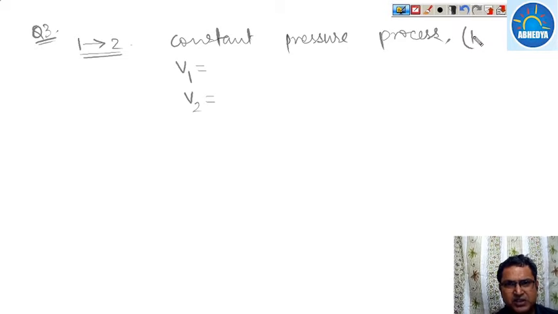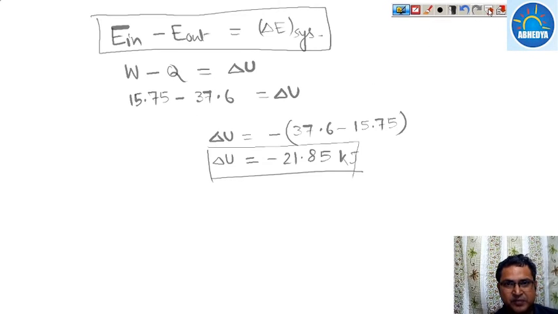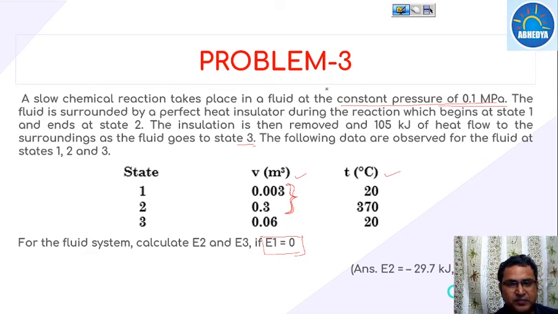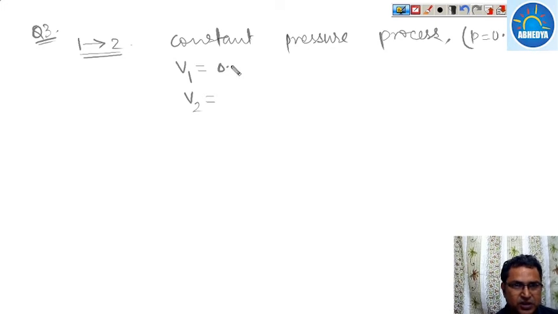Constant pressure process and the value of pressure is 0.1 megapascal. What is V1? 0.003 meter cube and final volume is 0.3 meter cube.